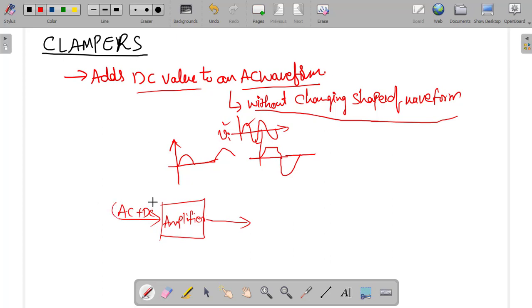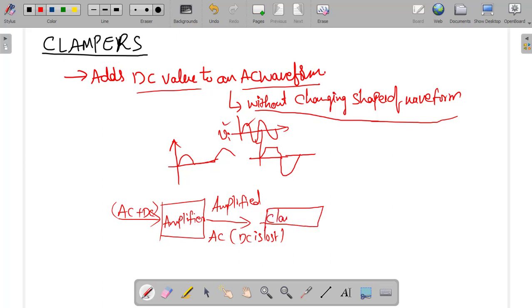After the amplification, the amplified output will lose some DC. Here the DC will be lost. How can we restore that lost DC? By using a clamper at the output of the amplifier.